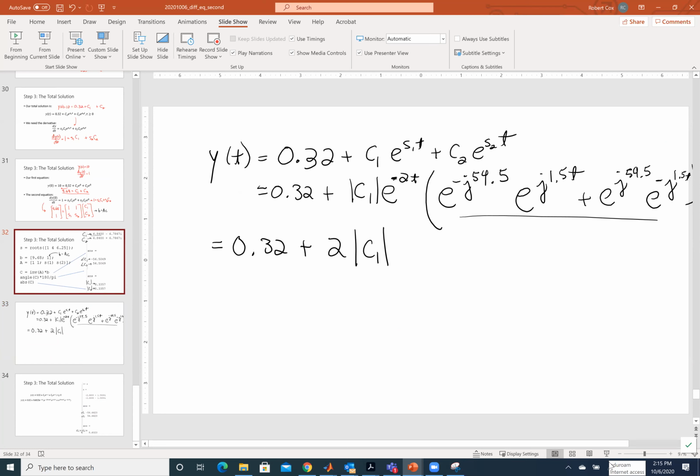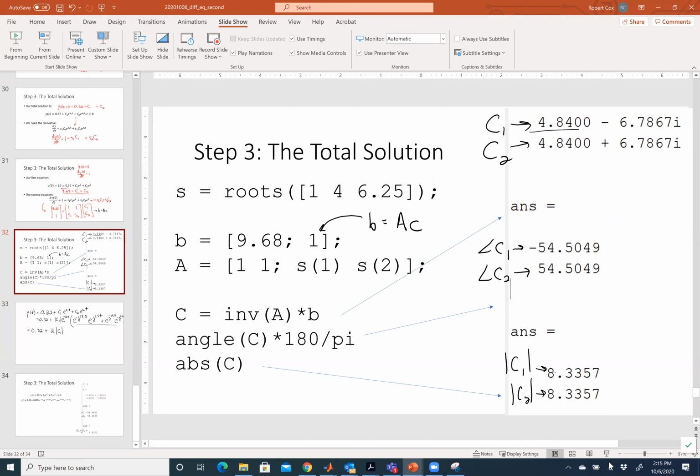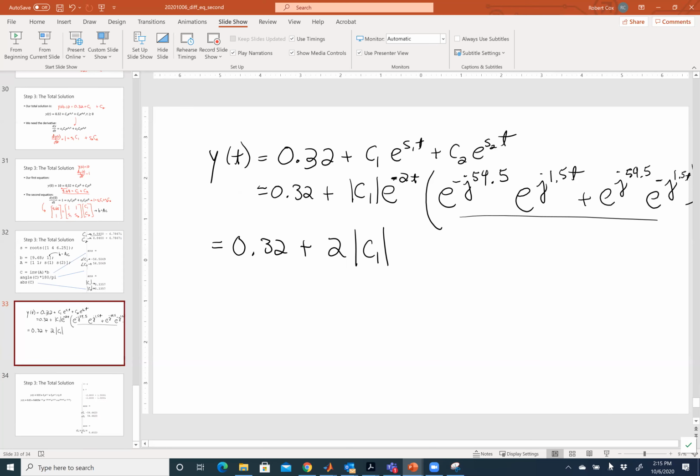So the magnitude was 8.3357, whatever, times cosine of what? We're going to end it on this. You guys tell me, cosine of what? Cosine of (1.5t minus 54.5 degrees). And that I think is a simpler process.